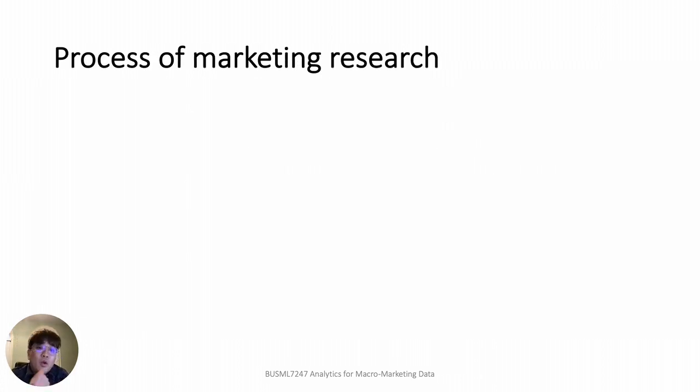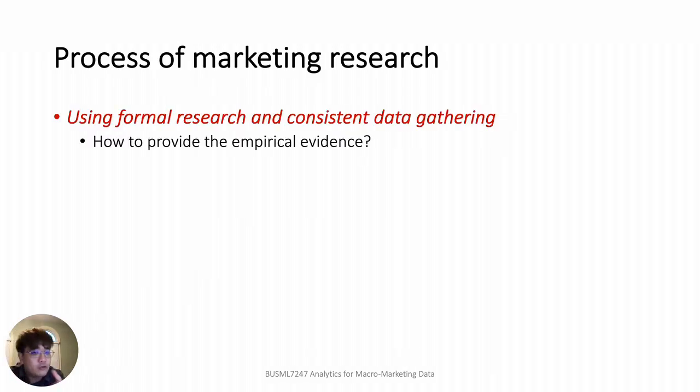So far, we have reviewed the goal of market research, which is to provide empirical evidence that supports decision makers. Then, how to provide the empirical evidence? By using formal research and consistent data gathering.